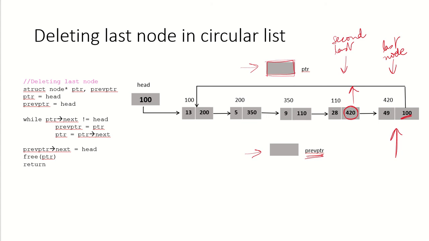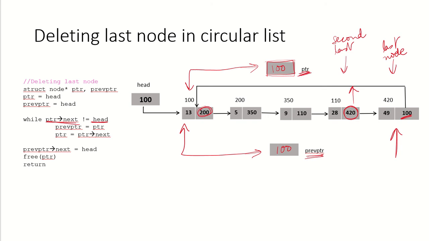So let's see how this takes place. I will just discuss this briefly. They are both initialized to head, so both are pointing to the first node currently. While PTR arrow next is not equal to the head value, so since PTR arrow next is not equal to the head value, we will update the PTR.